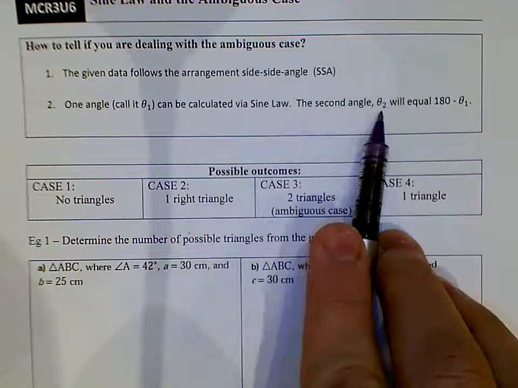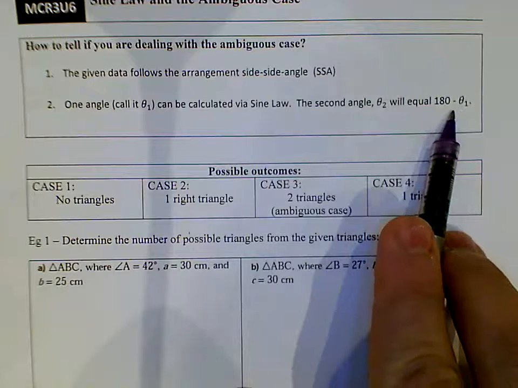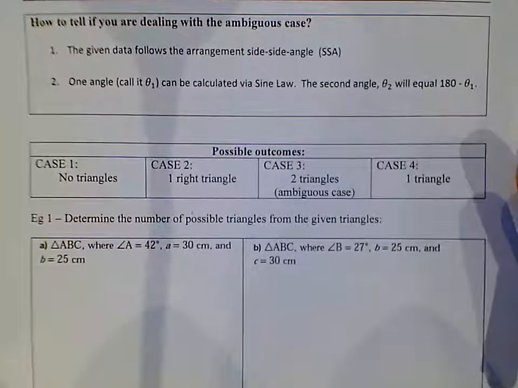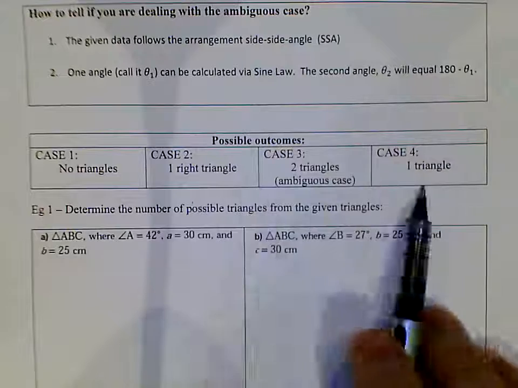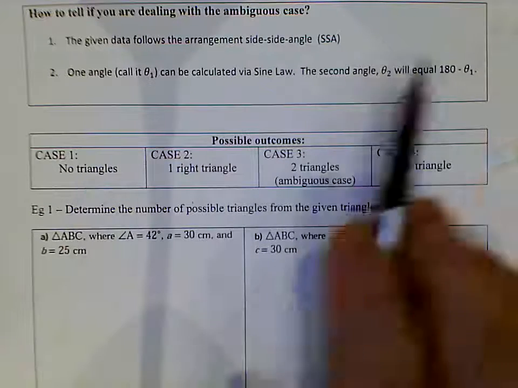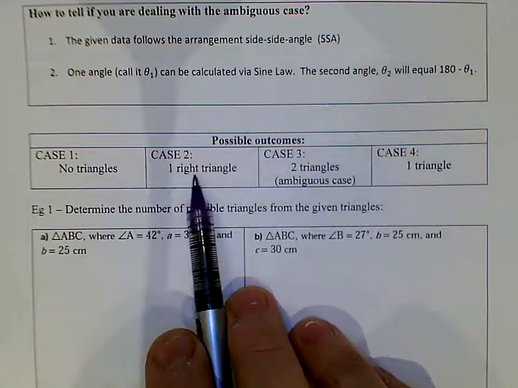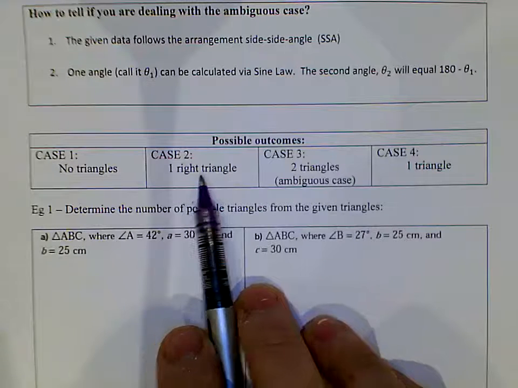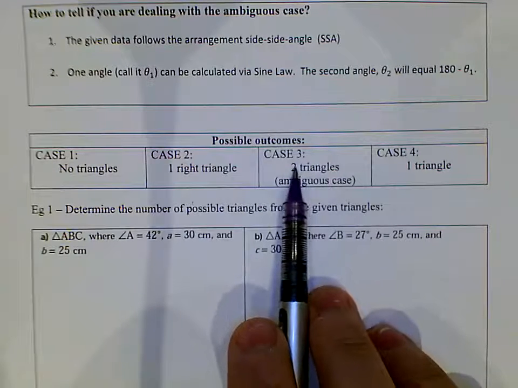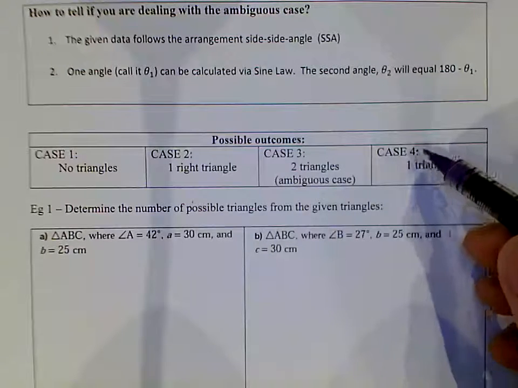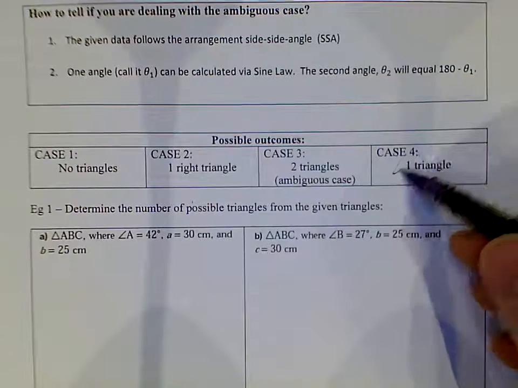And the second angle, theta 2, will be equal to 180 minus theta 1, just like we did in that previous question. Four cases. So no triangles, remember, if it's equal to 0 or 180. One triangle if it's equal to 90 degrees, and two possible triangles if that ratio is between 0 and 1. Don't worry about this case number 4 here for now.